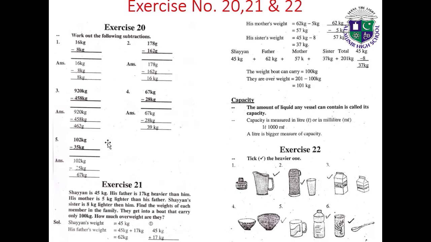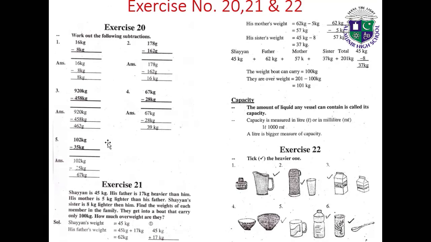Shayan weighs 45 kilogram. His father's weight is 45 kilogram plus 17 kilogram, which is 62 kilogram. His mother weighs 62 kilogram minus 5 kilogram equals 57 kilogram. His sister weighs 45 kilogram minus 8 kilogram equals 37 kilogram.